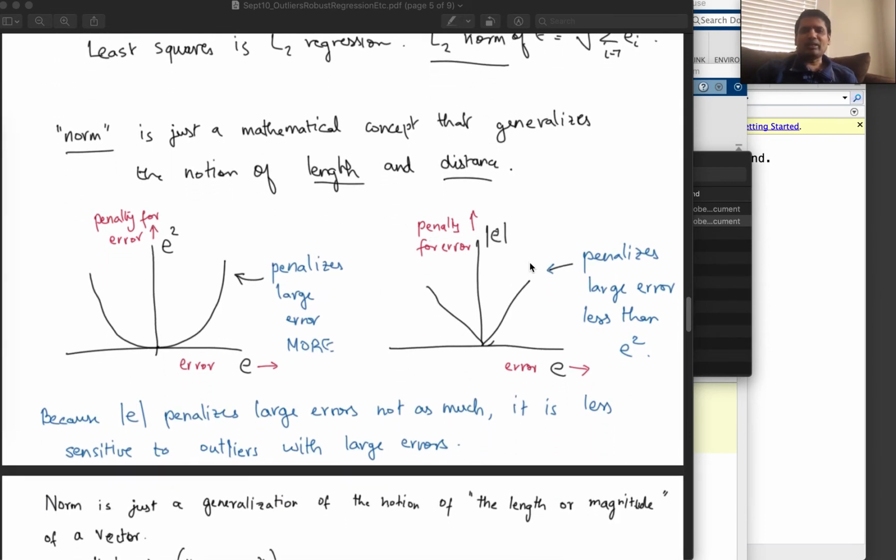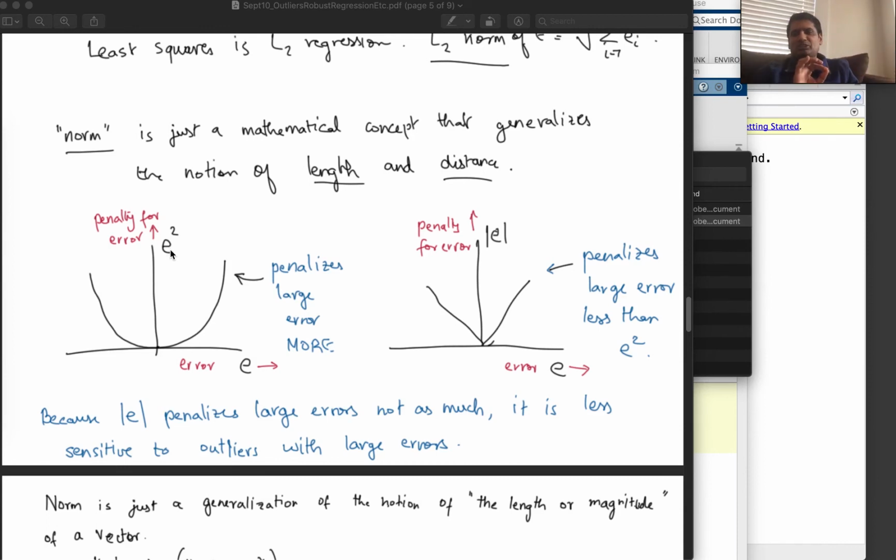Very quickly, why does L1 norm based regression avoid being affected by outliers? Well, L2 norm is affected by outliers because when you have an outlier which is far away from most of the data, if you draw a line through most of the data, then this outlier will have a huge error. So to reduce that error, this best fit line will go toward that outlier.